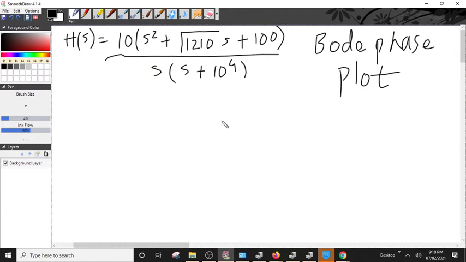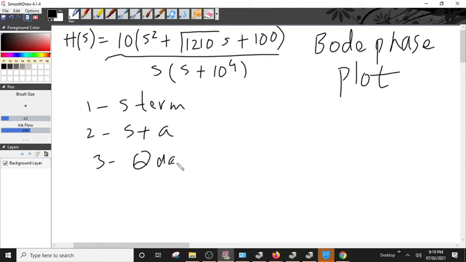Okay, so in the previous lecture we have seen how to plot the Bode magnitude plot, and in this video we will see how to sketch the Bode phase plot. So in the Bode phase plot we only have to consider three things. One is the S term, second is the S plus A term, and third is the quadratic.